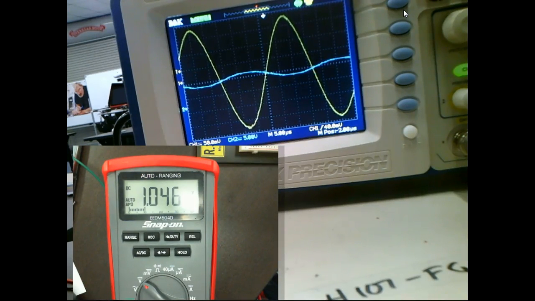Yeah, pretty good, right? So here's VE. 390, we figured it was going to be 400, right? Here's VC. 8 volts. Okay.